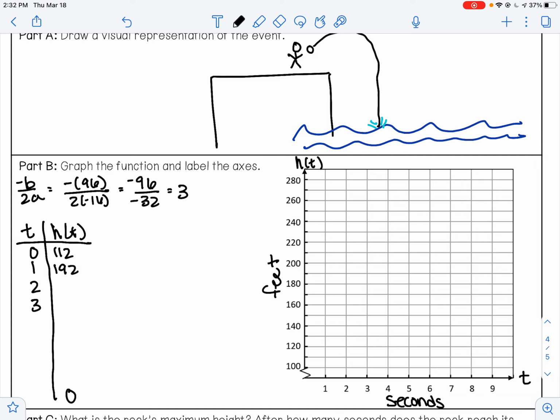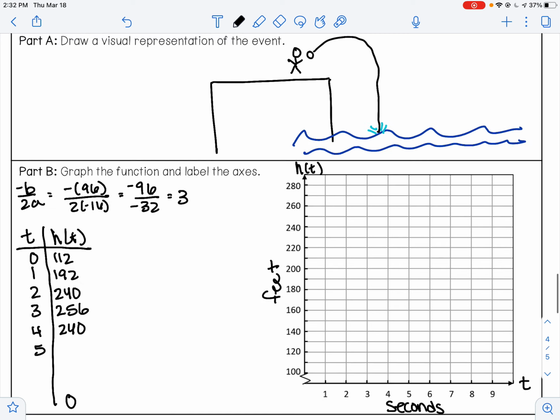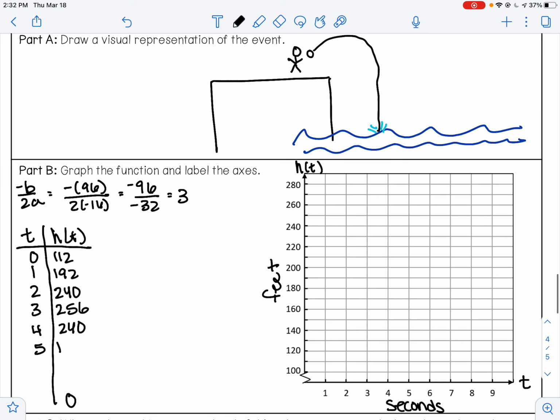After 2 seconds, we're at 240 feet. After 3 seconds, we're at 256 feet. After 4 seconds, we're at 240. After 5 seconds, we are at 192. After 6 seconds, we're at 112.